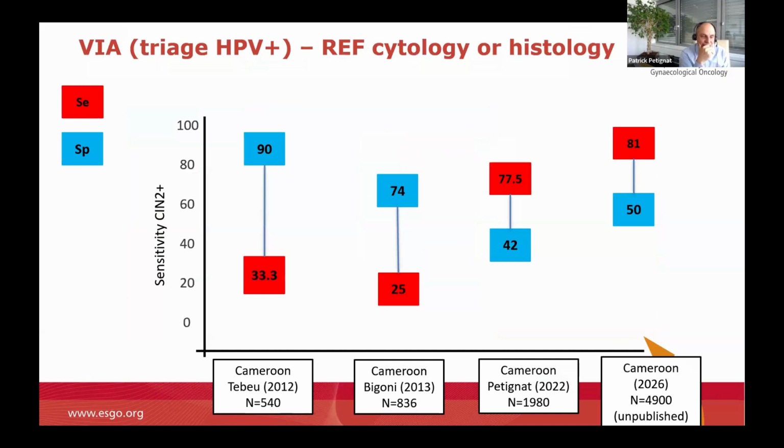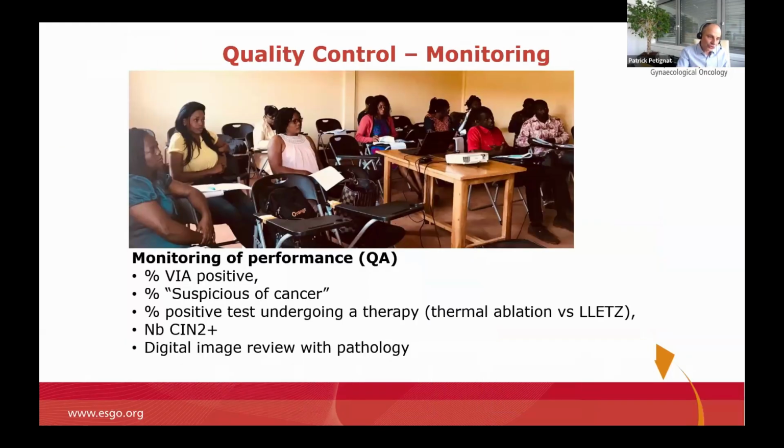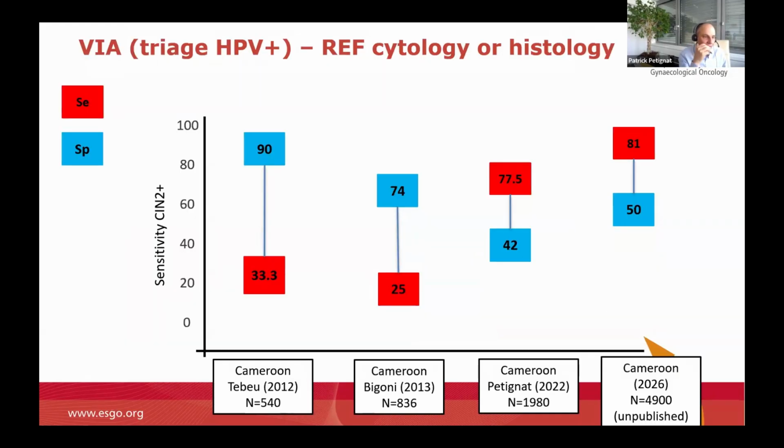And we made two large studies before the introduction of the smartphone and the change of the VIA criteria. And you see in blue, this is the specificity. In red, this is the sensitivity. And you see the sensitivity was very, very bad. And our group had made a good training for VIA.